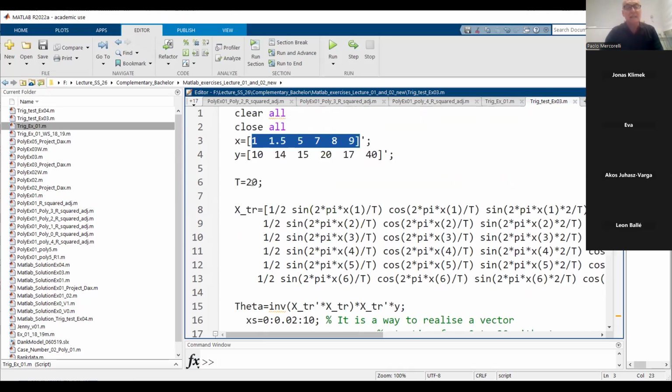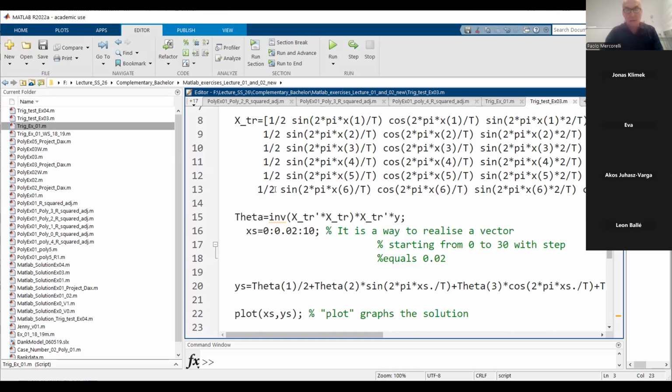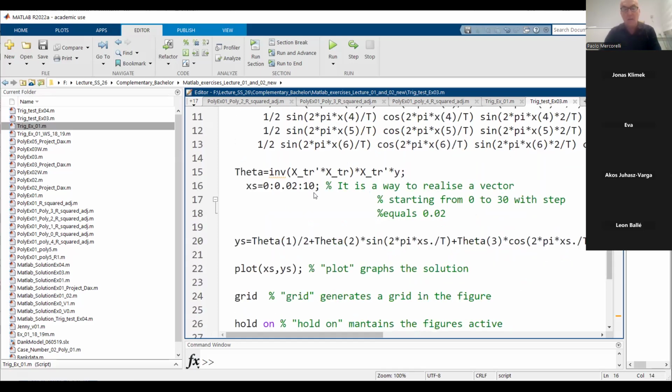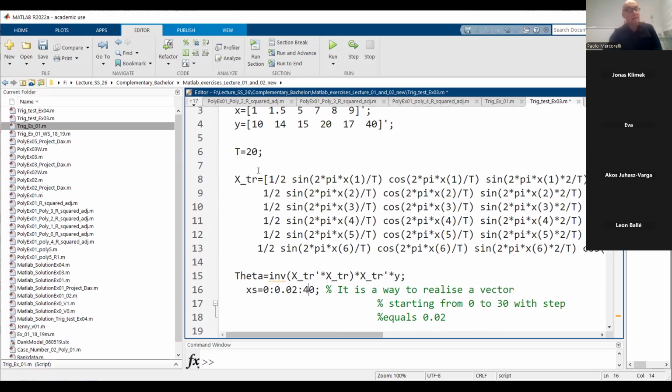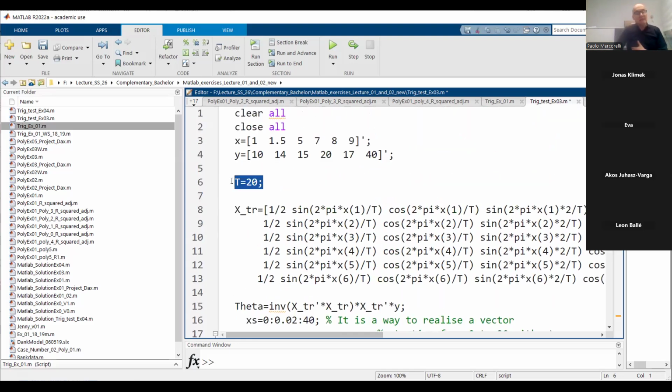The period is 20, so let me consider 40. This is our, let me say, domain or exploration domain. Now, I am assuming that we have a periodicity starting from 20, far away from my exploration domain. This means in the domain we don't see this periodicity. This is the idea.